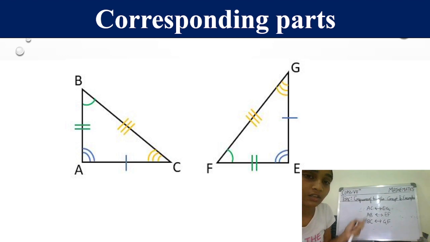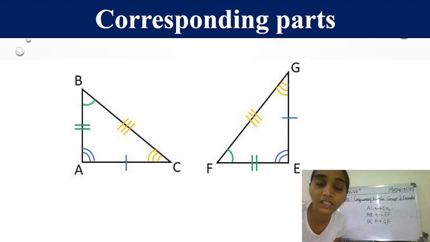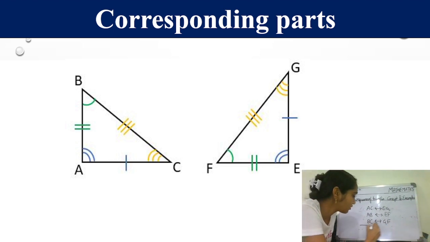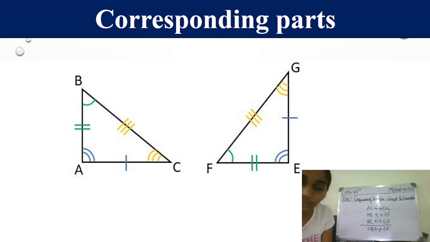In the corresponding parts, first is the corresponding side, and if I talk about the corresponding angles, students, angle B is corresponding to which angle of the other triangle? Yes, angle B is corresponding to angle F, which is shown here in the single green colored angle. And what about this angle A?